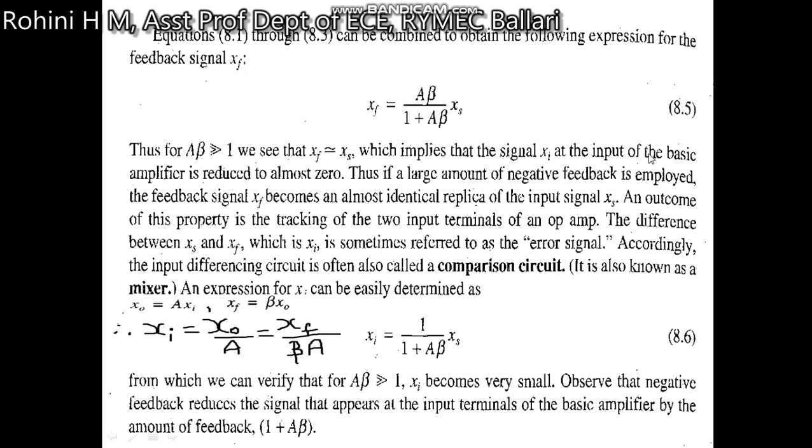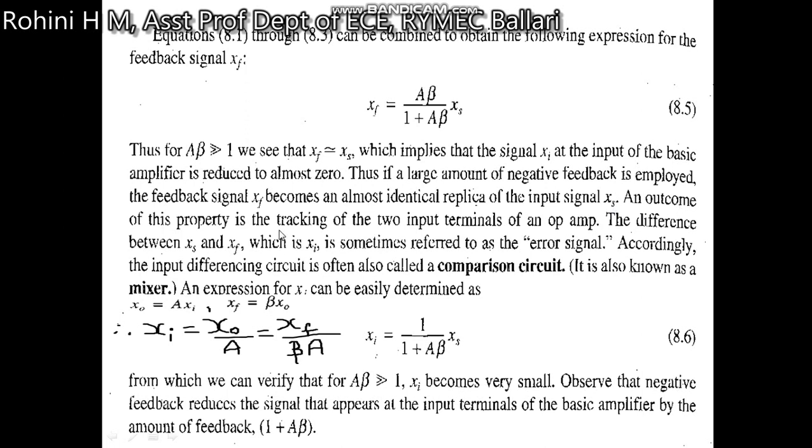So the input of the basic amplifier is reduced to 0. Thus, if a large amount of negative feedback is employed, the feedback signal XF becomes an almost identical replica of the input signal XS.